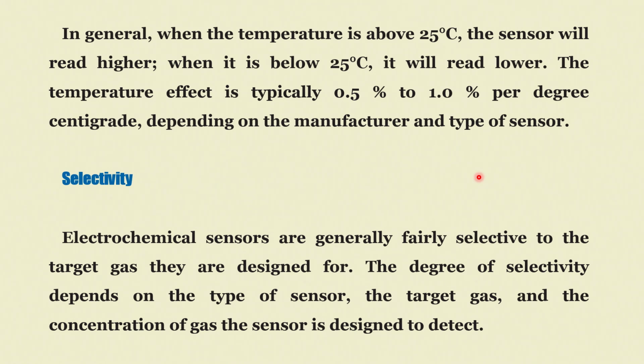So, coming to selectivity of the sensors, one can say a lot of things. Electrochemical sensors are generally fairly selective to the target gas they are designed for. Basically, electrochemical sensors are selective, otherwise nobody would make them.